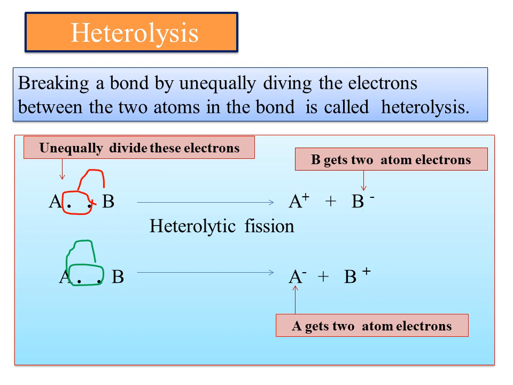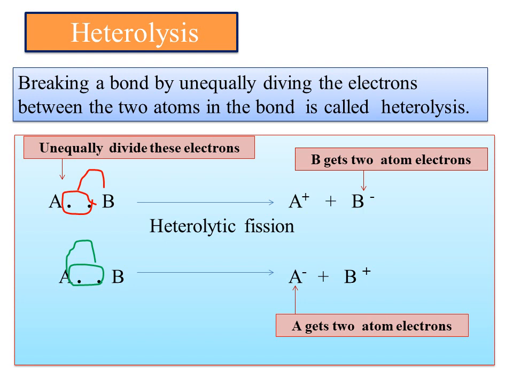Heterolysis, breaking a bond by unequally dividing the electrons between the two atoms in a bond, is called heterolysis. Here unequal division takes place. Here A and B are there. A gives away all its electrons, B takes them away. The one which gives away carries the positive charge, and the one which takes away carries the negative charge.